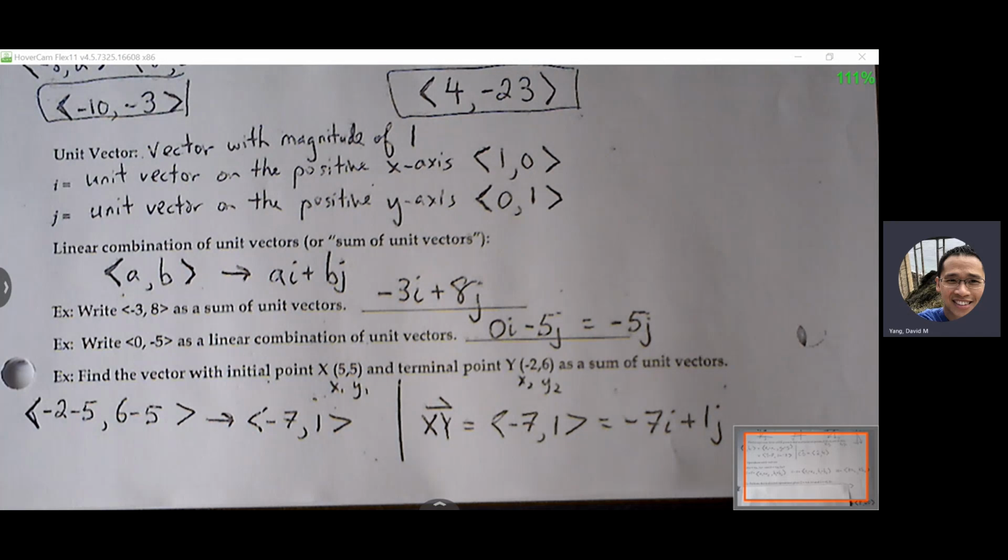They mean the same thing, it's just sometimes it allows us to work in different ways with these vectors. The vector 0, negative 5 as a linear combination would be 0i minus 5j, and then we can leave that 0 out since it goes away, so it's just negative 5j.